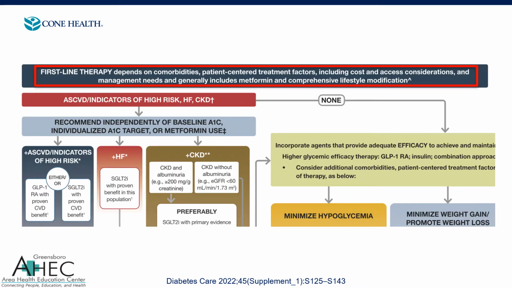The new guidelines recommend an individualized approach from the moment of diagnosis of type 2 diabetes, and this means taking into account the goal to prevent complications like heart or kidney disease, cost, access to care, and individual management needs.